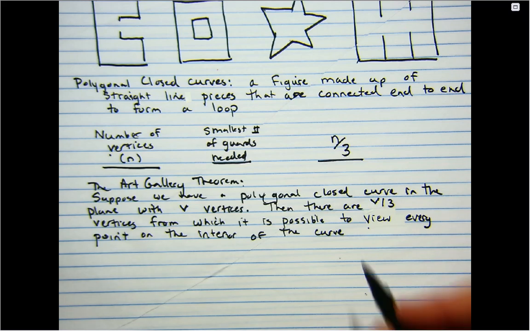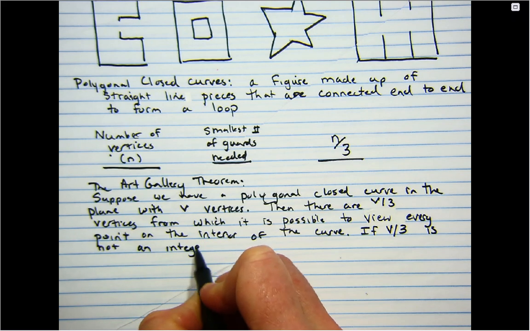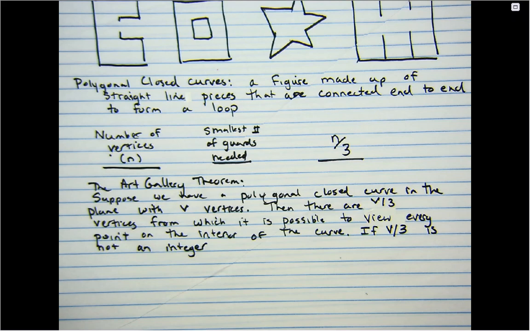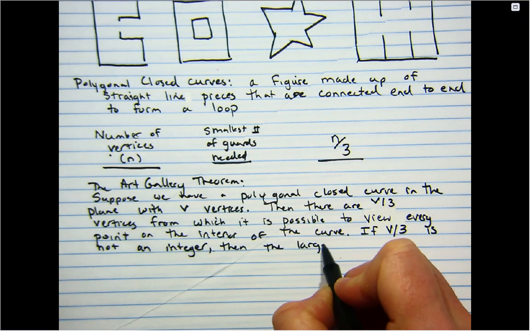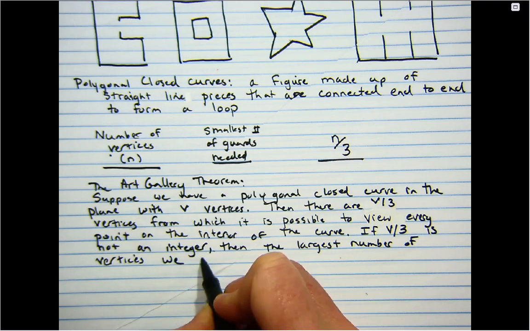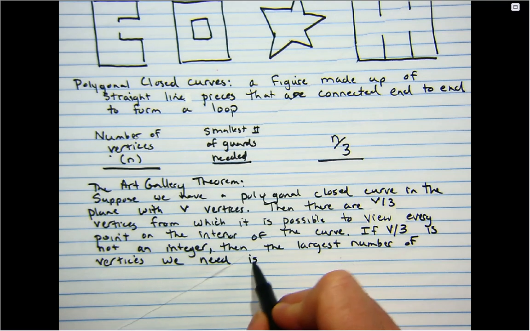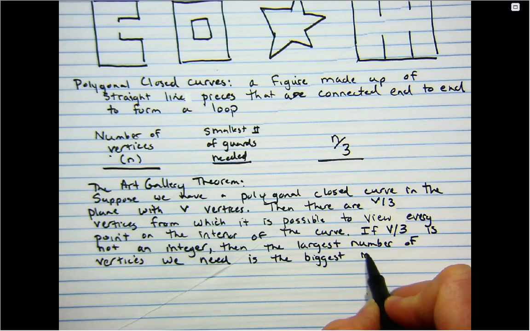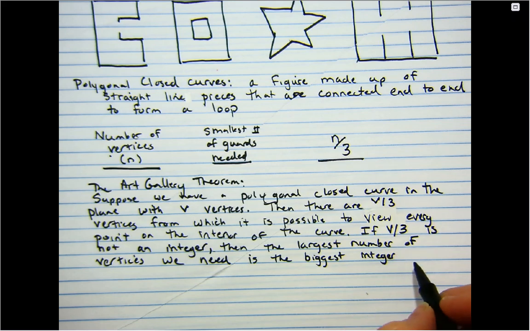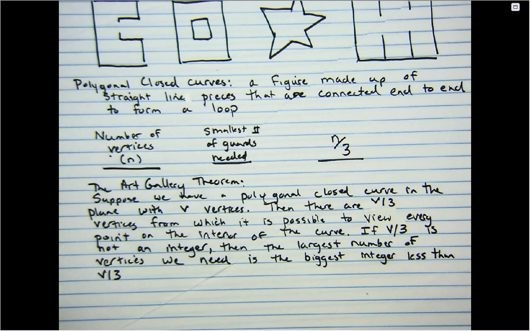If V divided by 3 is not an integer, then the largest number of vertices we need is the biggest integer less than V divided by 3.